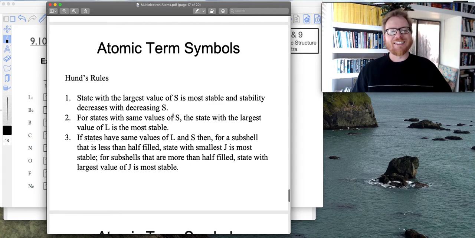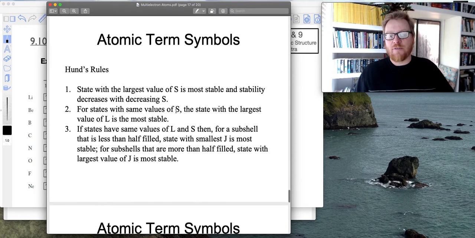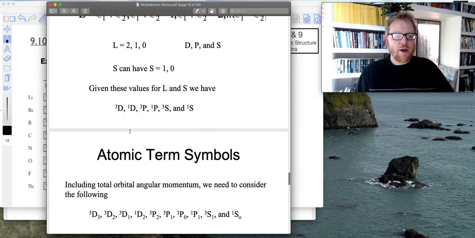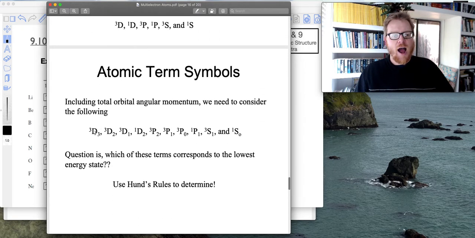For states with the same value of S, the state with the largest value of L is the most stable, okay? So if I go back to this list here, all of the triplets are the most stable. So the triplet D, the triplet P, and the triplet S. Well, the one with the largest value of L is the most stable.